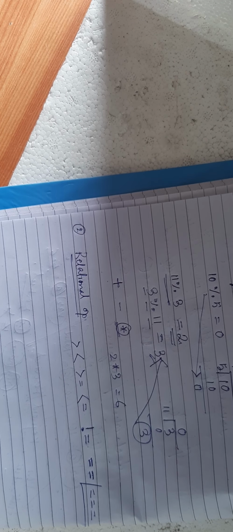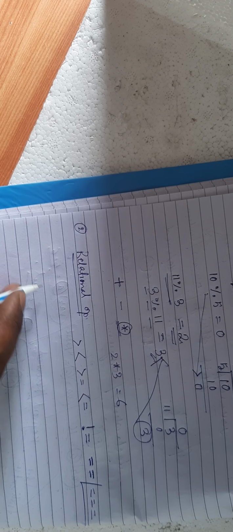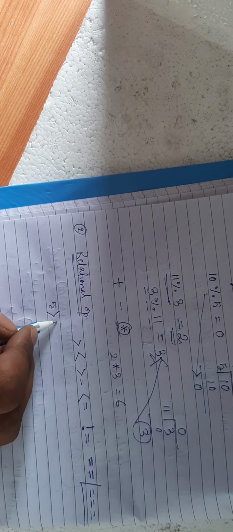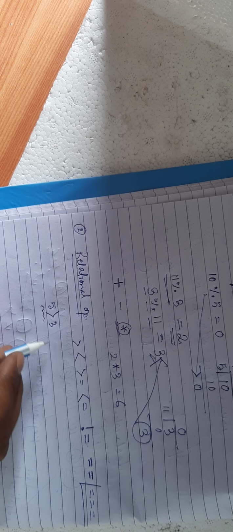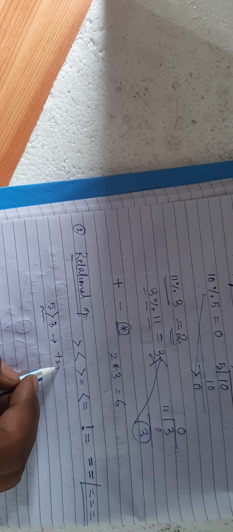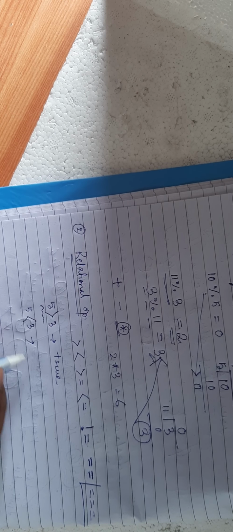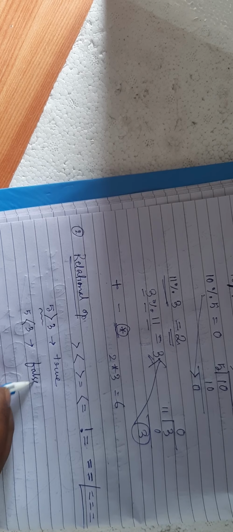So now let's see how it actually works. Suppose we are checking the value 5 greater than 3. If it is true, it will result in true. 5 less than 3, if we write, it will result in false.